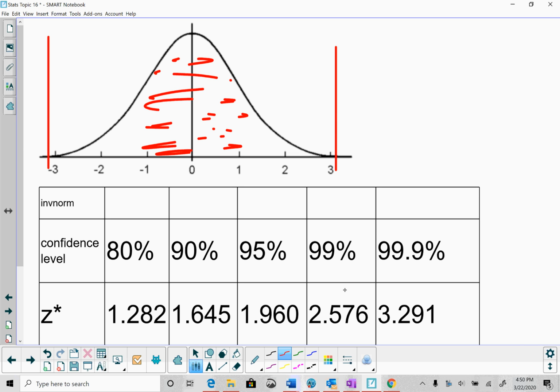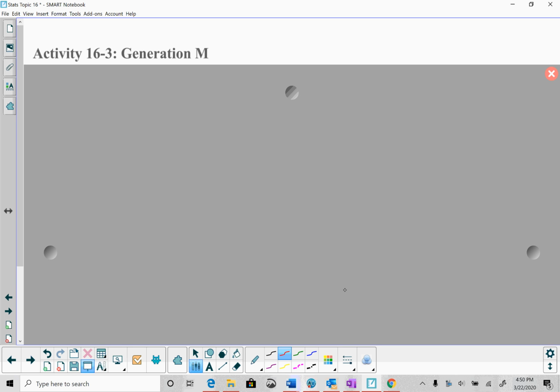So you're going to need those z star values. Those will not change from one problem to the next. P hat will change, standard error will change, but the z star numbers will not. So if you want to write those down somewhere for reference, that'd be a great idea.